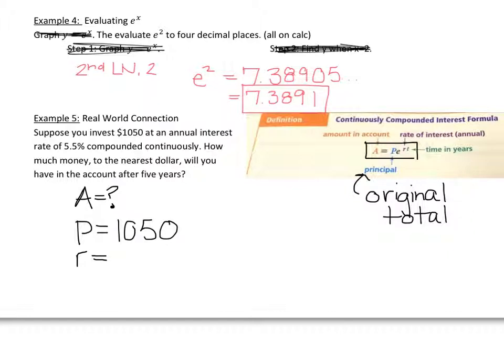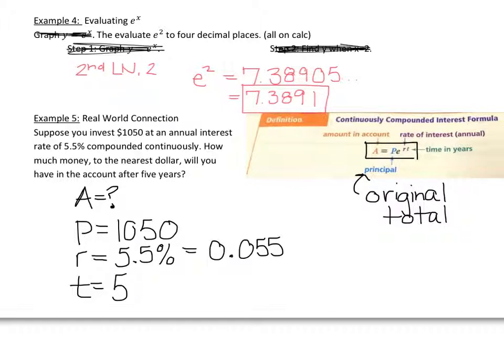So what was our interest rate? 5.5%. We can't put percent in the calculator like that, so how are we going to have to put it in? 0.055. Remember, you just move your decimal place to the left 2 spots. Okay, and then t is time in years. How many years are we wondering about? 5.